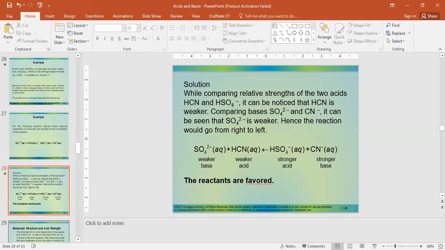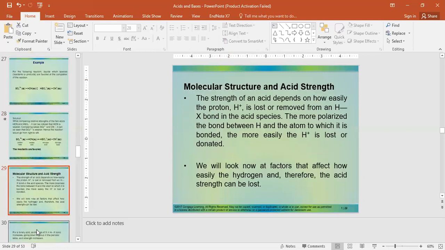Let me talk about molecular structure and the strength of an acid or a base. When we talk about how strong or how weak an acid is, this depends on how easy it is for us to lose that particular proton, how easy it is for the proton to be transferred from the acid to the base.